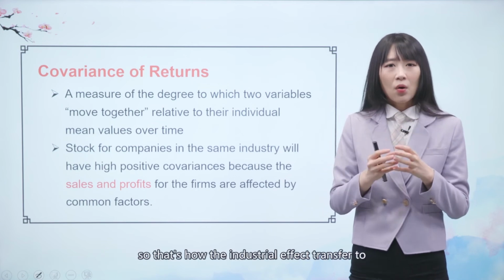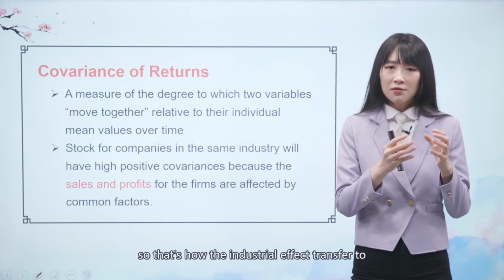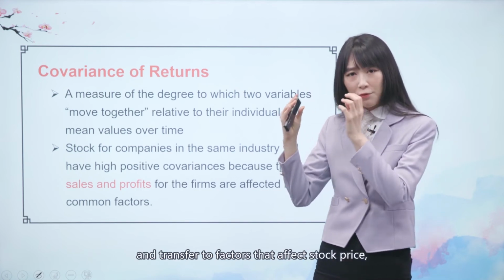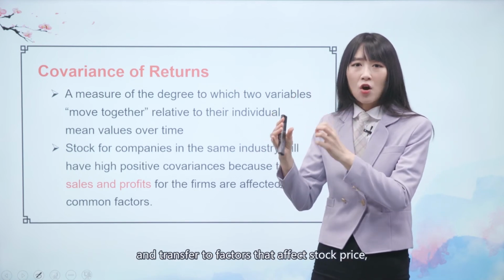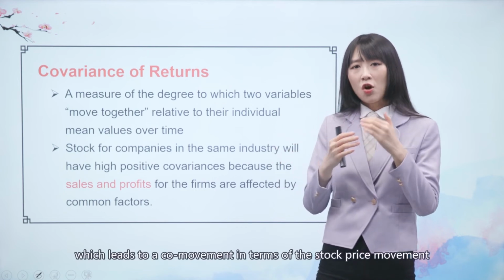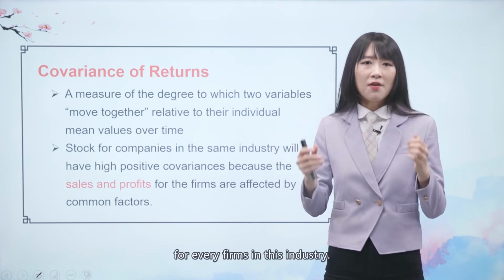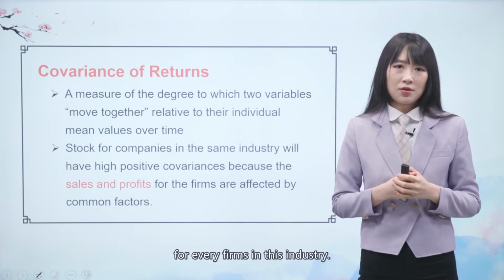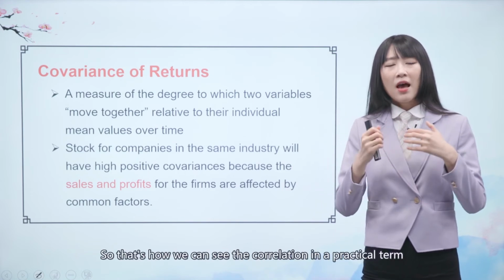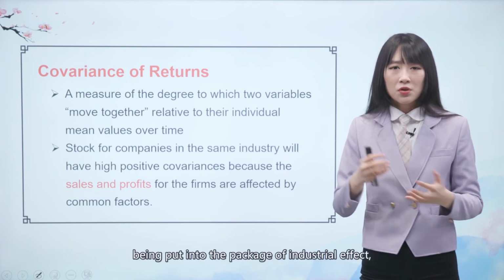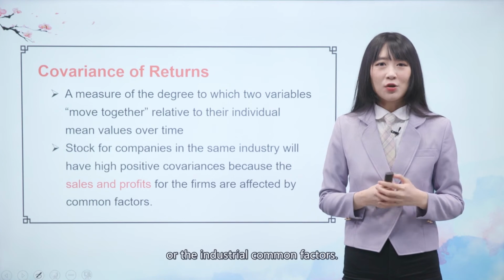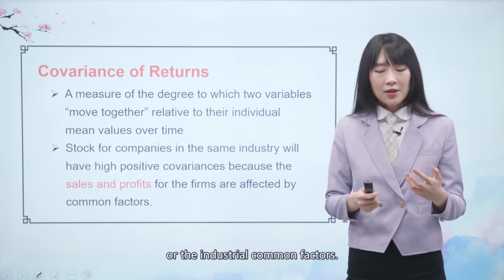So that's how the industrial effect transfers to factors that affect profitability and then to factors that affect stock price, which leads to a co-movement in the stock price movement for every firm in this industry. So that's how we can see the correlation in practical terms, being put into the package of industrial effect or the industrial common factors.